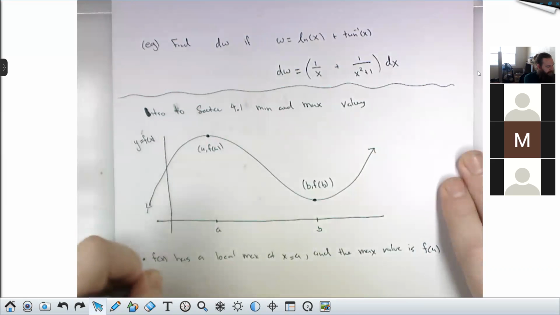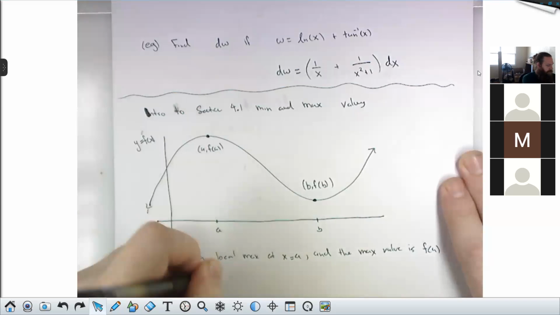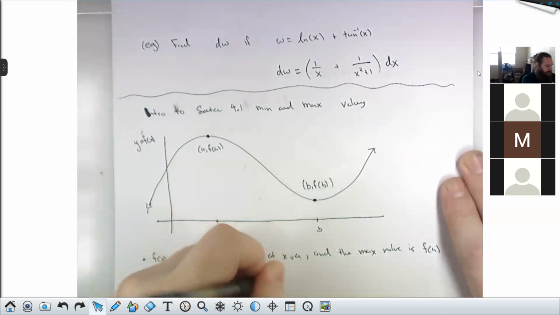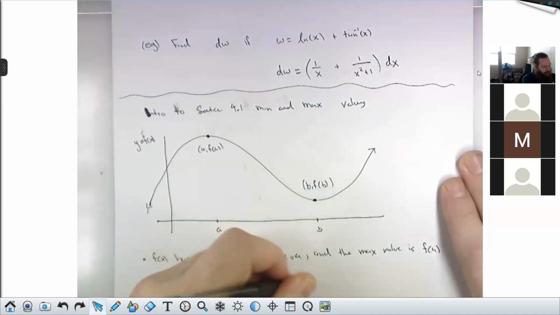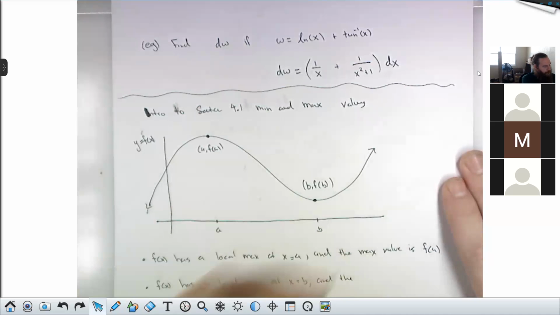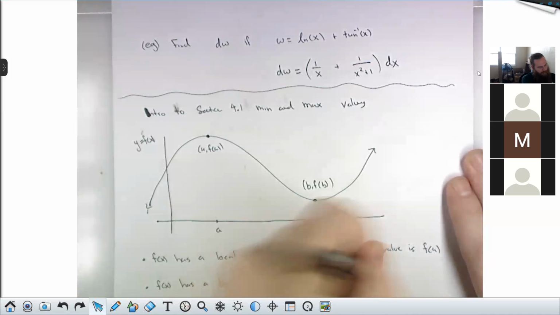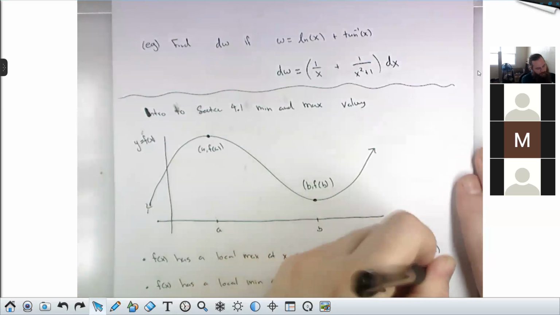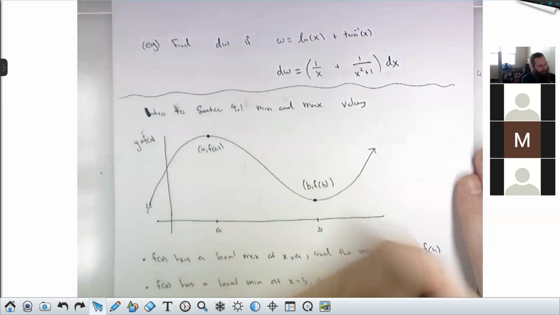Similarly here, we could say f of x has a local min at x equals b, and the min value is whatever that y value is, f of b.